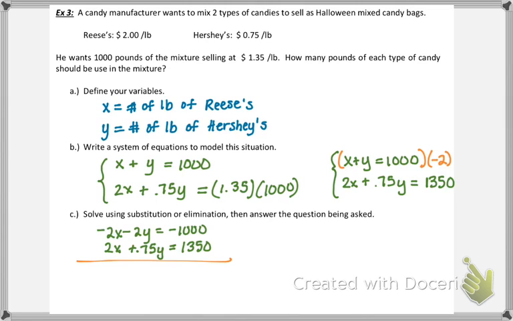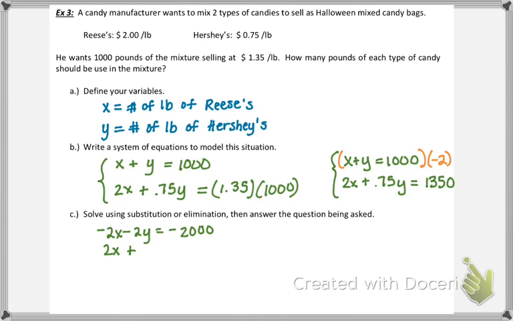And then we're going to go ahead and add them. And my 2x and -2x gets eliminated. And then I have -2 plus 0.75y, and that will give me -1.25y equals 350. I'm going to go back here because I forgot to distribute the 2 to the 1,000, so it should be -2,000.